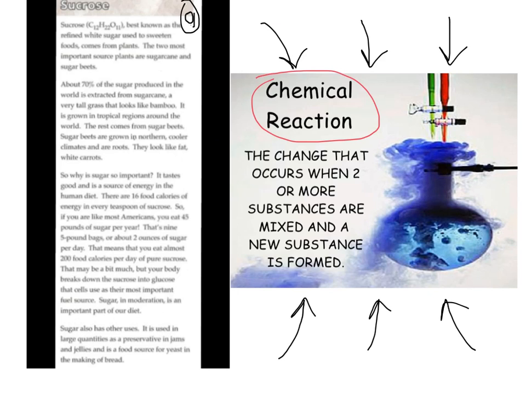It's a change that occurs when two or more substances are mixed and a new substance is formed. So when you did the mystery mixture added to water, you saw that bubbles were formed. So in this case, bubbles would be the new substance. Something new is formed, and that's called a chemical reaction.